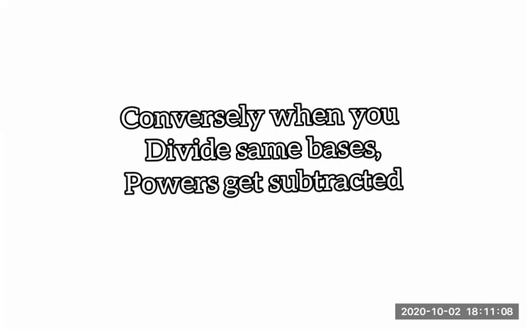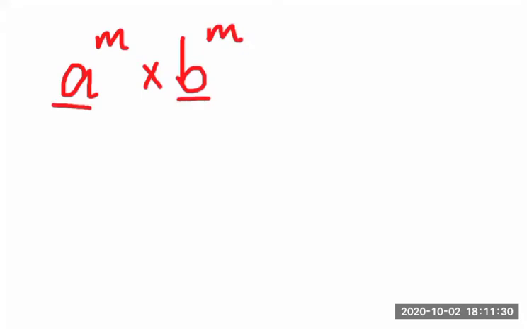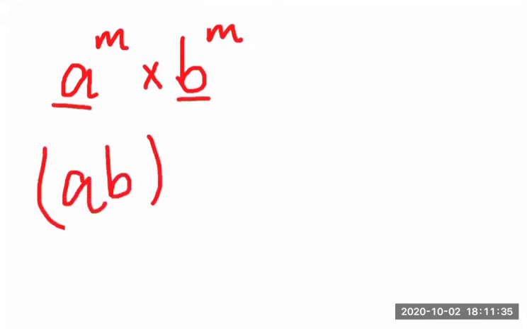The next rule is that if you have the same index, so a is the base, but m is the index. I have different bases, a and b, but the index is the same, which is m. What happens is we multiply the bases and we give them the common index m. So it becomes ab to the power m.